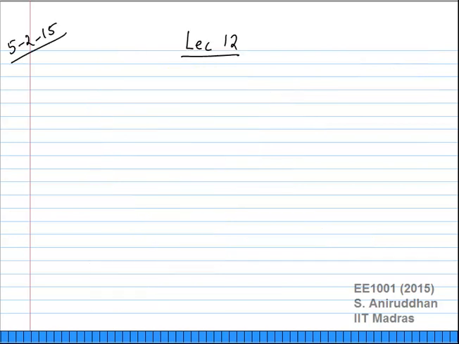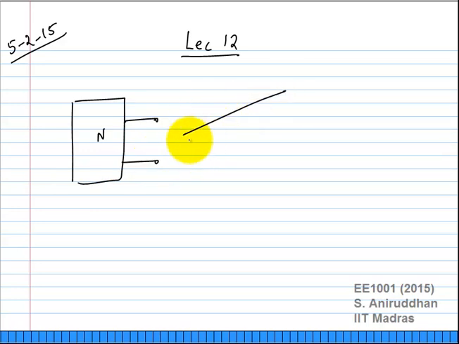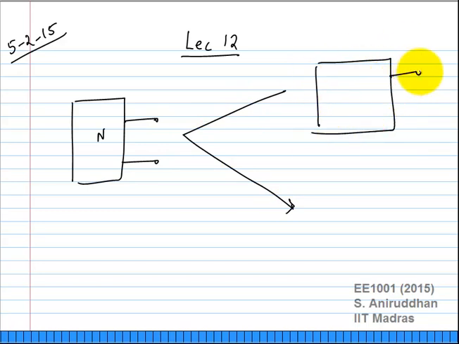So I have a network N. This is N, and I take two versions of this. I take two black boxes. Inside this I place the Thevenin equivalent. This is 1 and 1 prime.